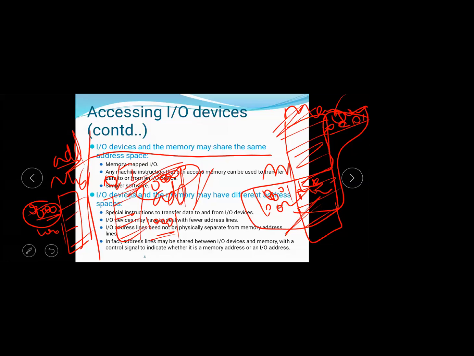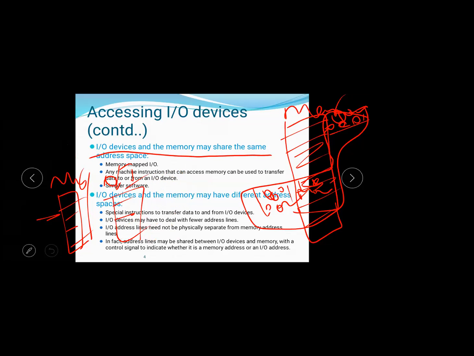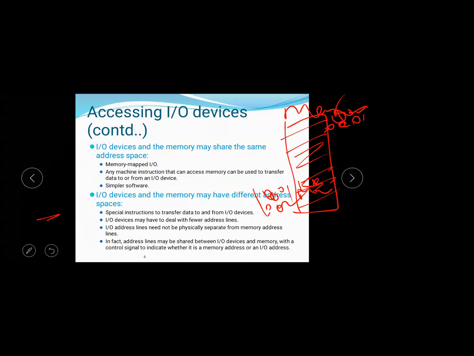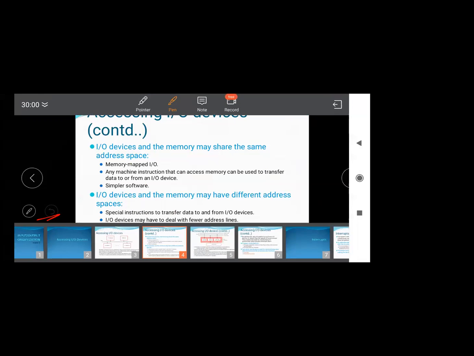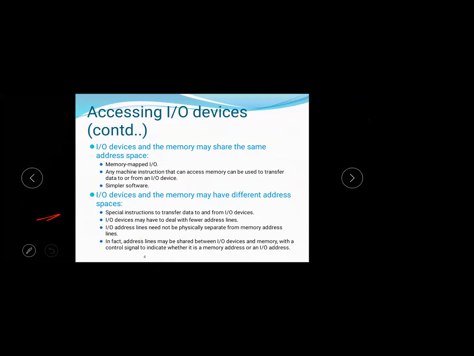In memory mapped IO, both are in the same address space. That's why there is no chance of giving the same address to both the memory unit and IO devices. That is, the IO device addresses are separate and memory word addresses are separate. That is called memory mapped IO.